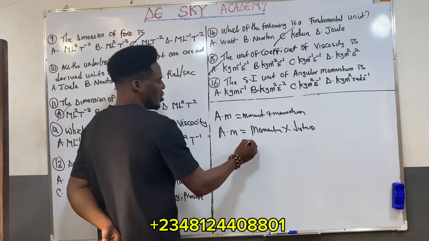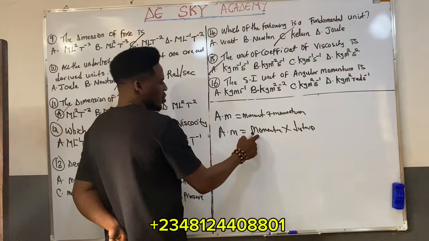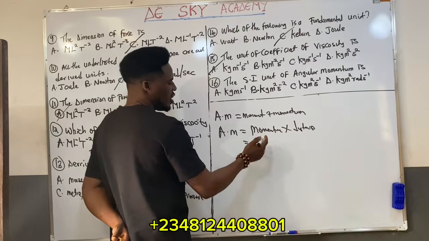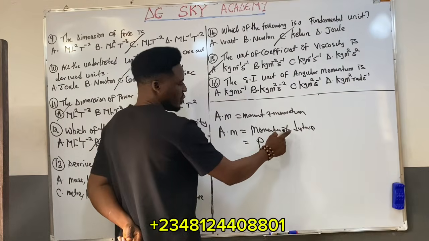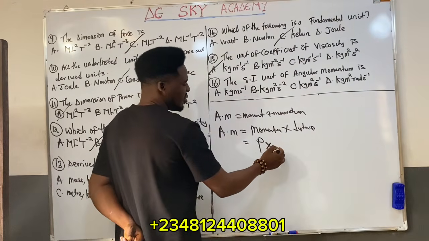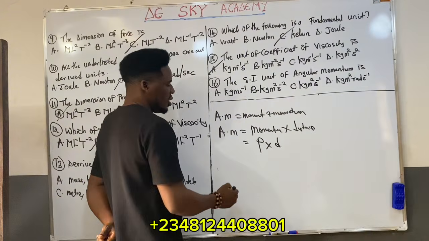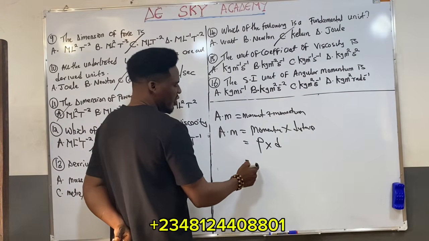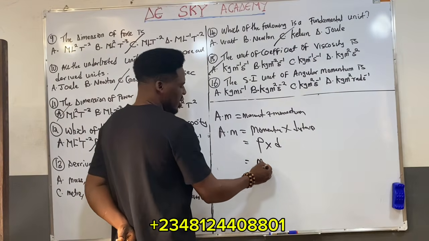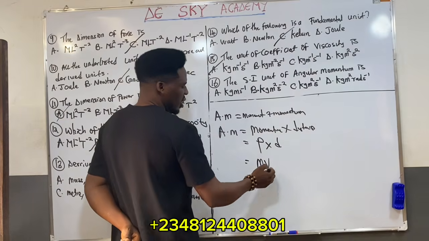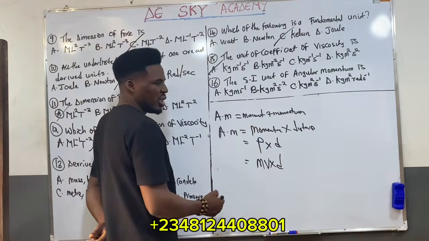So what is momentum? Momentum is represented as P, right? While distance is represented as D. What is the formula for momentum? Mass times velocity, then times it by distance, right?